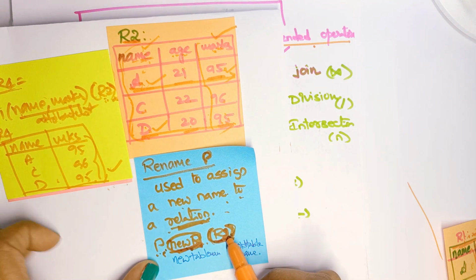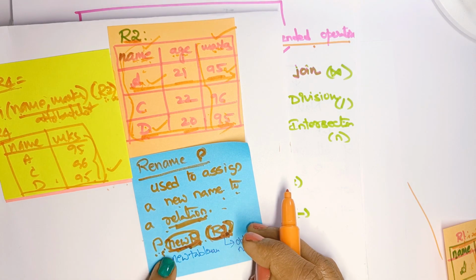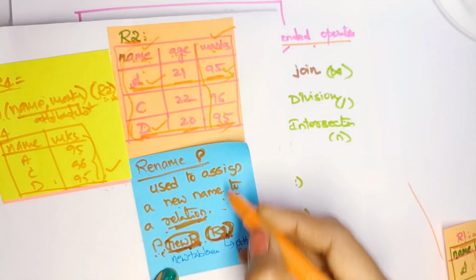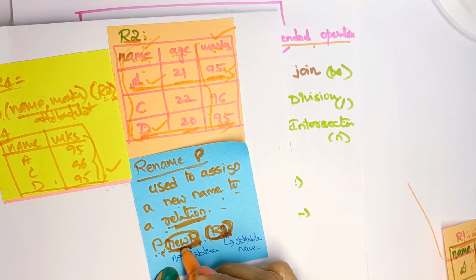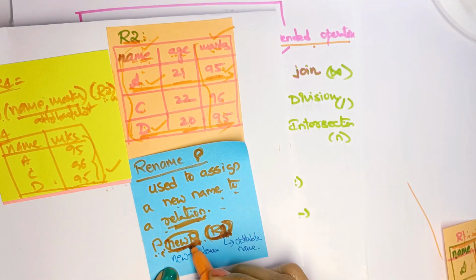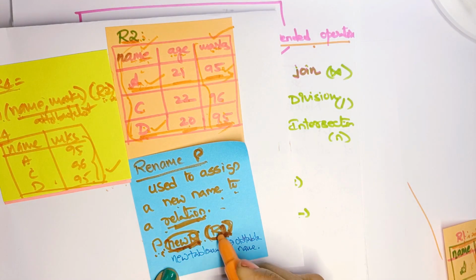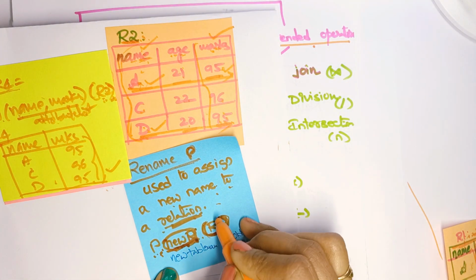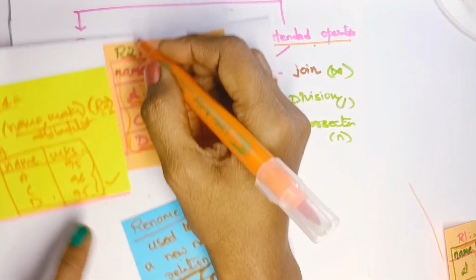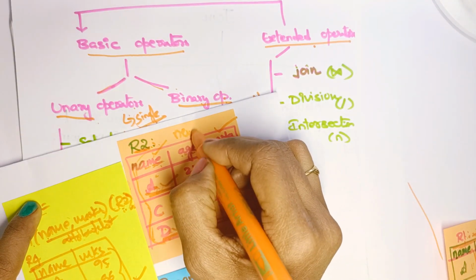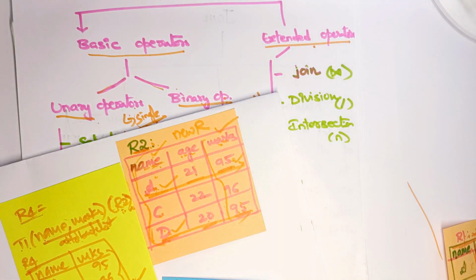Here the old relation name is R2, so you mention R2. This R2 name I want to give as new R. So here R2 is changed to new R. Now my R2 table is converted to new R.